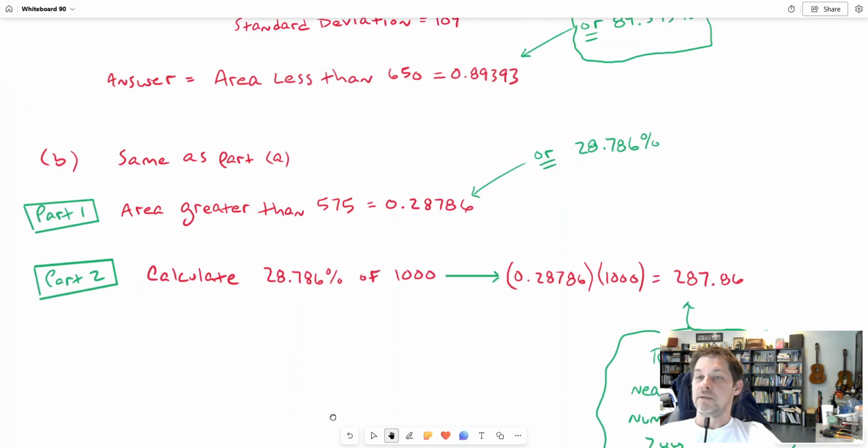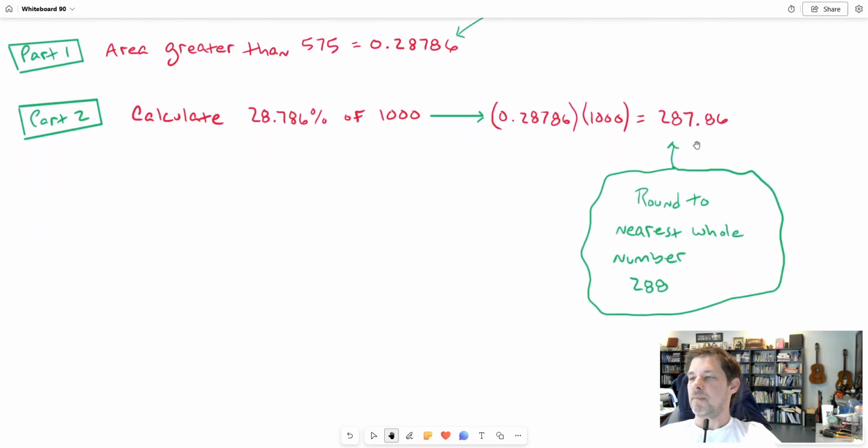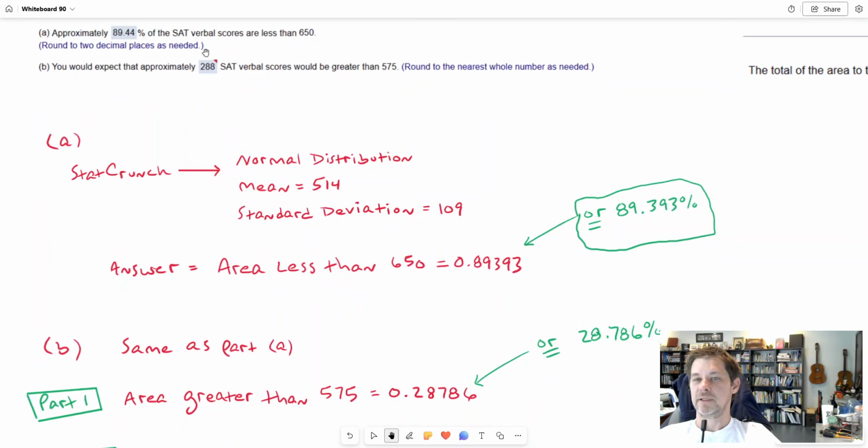Okay, so that's how many students are going to score greater than 575. It says to round to the nearest whole number, so rounding that to the nearest whole number is 288. Because it doesn't make a whole lot of sense to say 0.86 students scored this or that. 287.86 rounds to 288, and that's the answer that you see here.